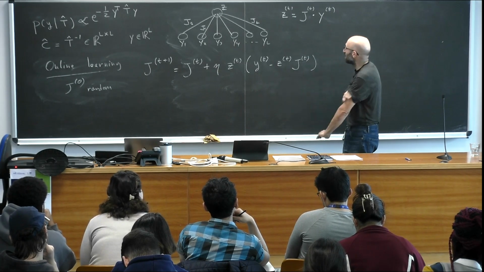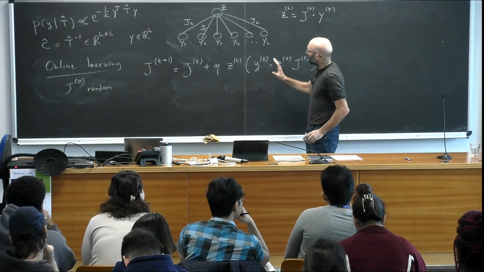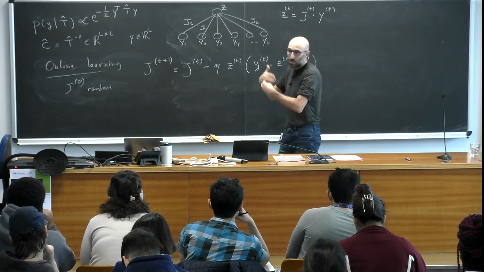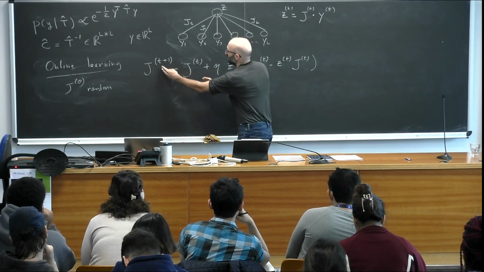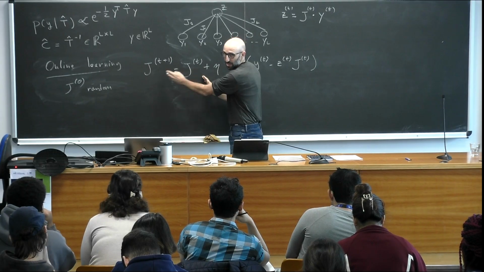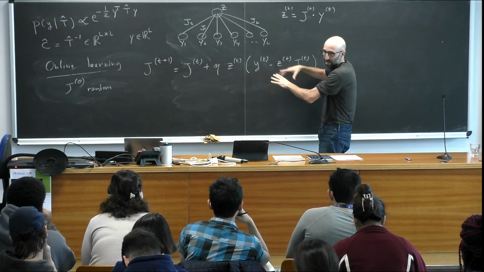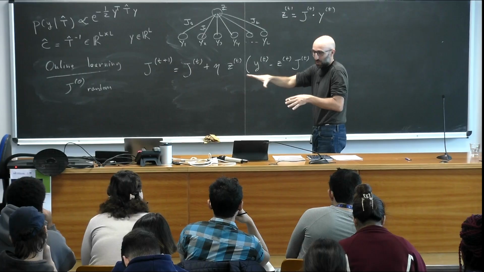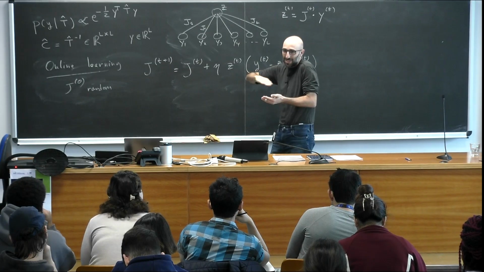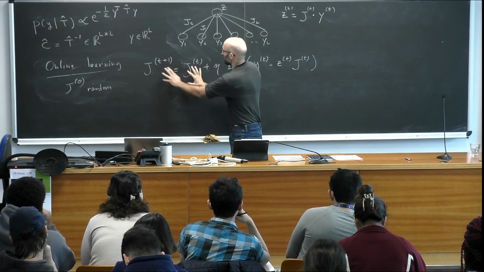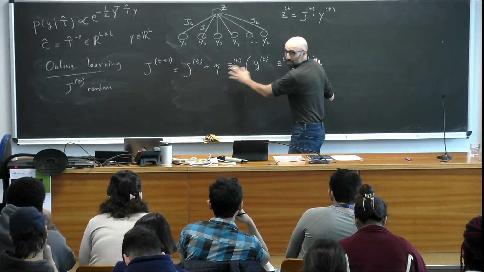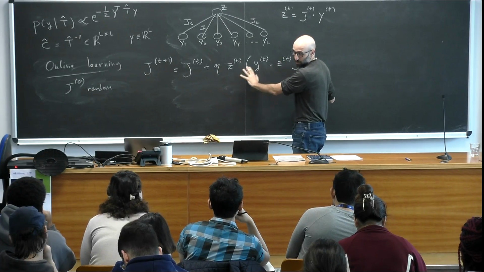But the intuition is that when you converge, it means that jt plus 1 will be close to jt. So this will keep fluctuating, but when you reach a steady state, this term should be as close to 0 as possible.